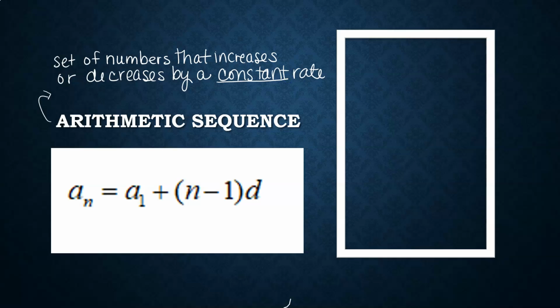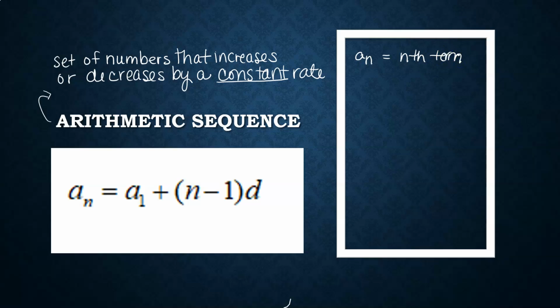All right, so here is your formula for an arithmetic sequence. A sub n equals a sub 1 plus the quantity of n minus 1 times d. Now let me tell you what all these pieces are. A sub n is the nth term. That means any term that you choose to figure out.